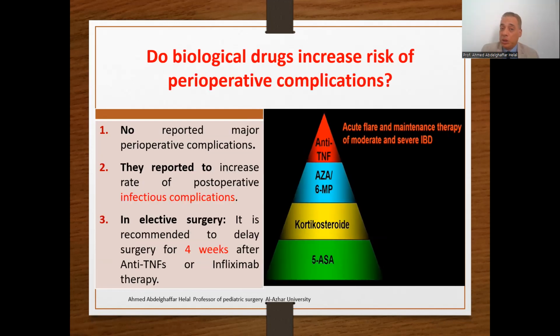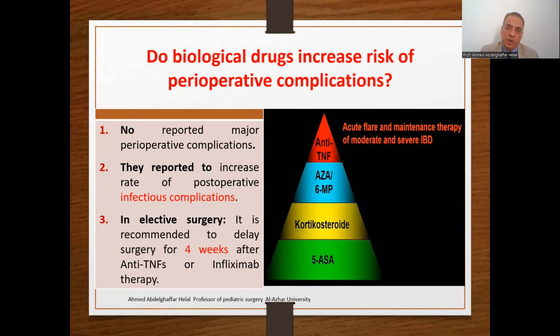The question: do biological drugs increase the risk of perioperative complications? Actually, in the literature, no major postoperative complications have been reported if a patient on biological drugs is submitted to surgical treatment. However, they are reported to increase the rate of postoperative infection.